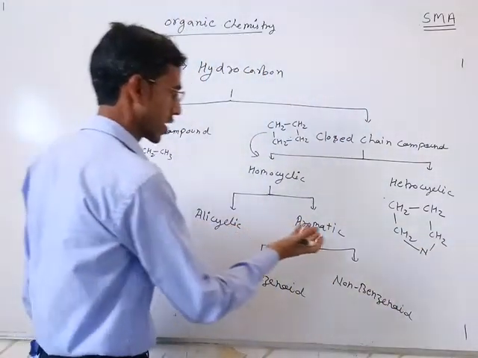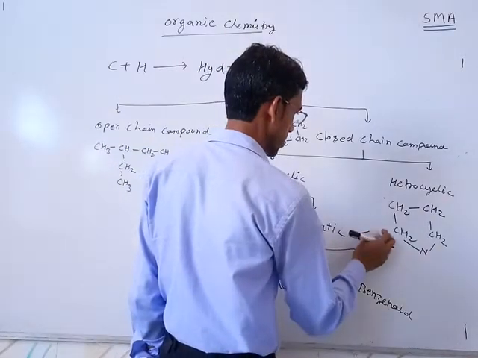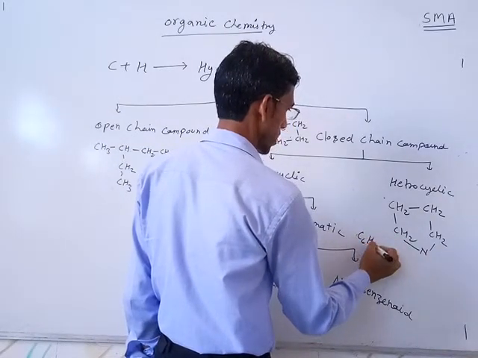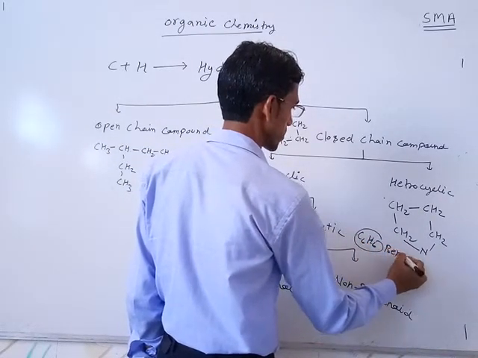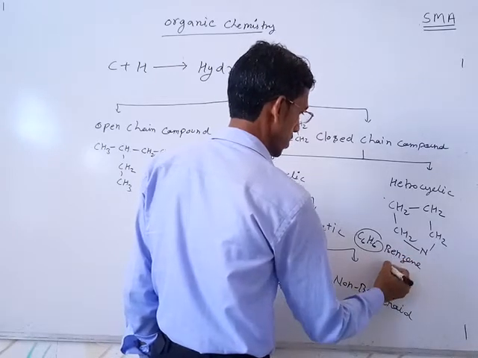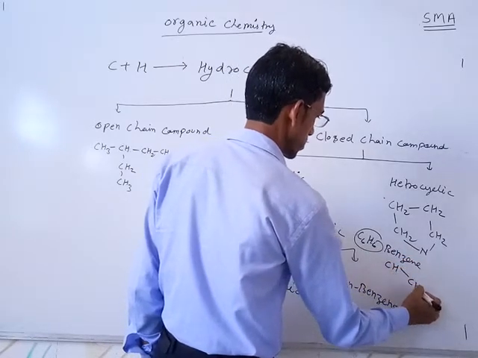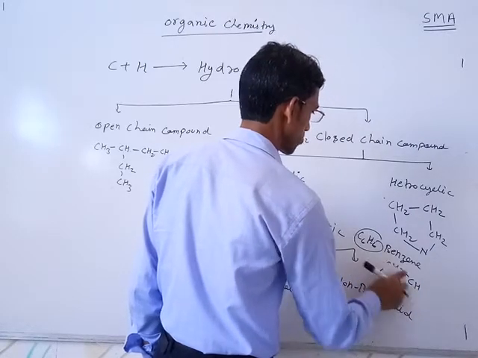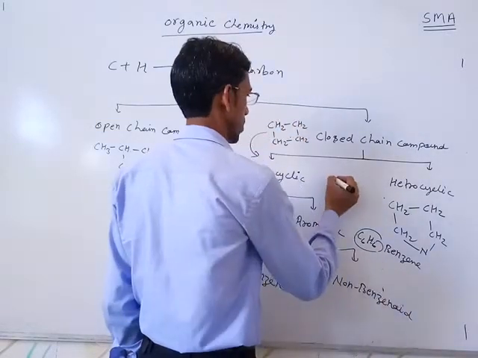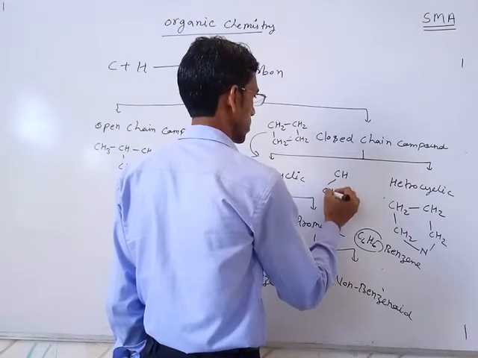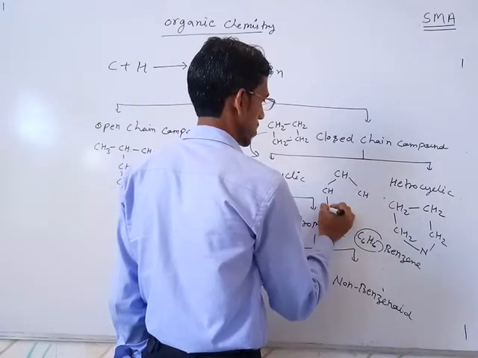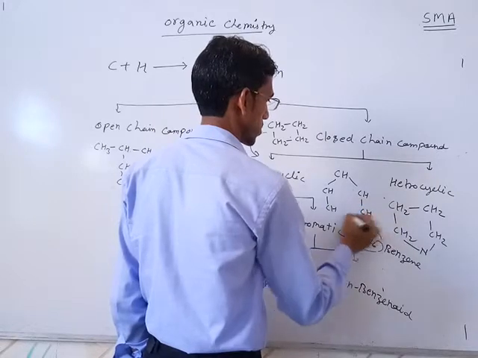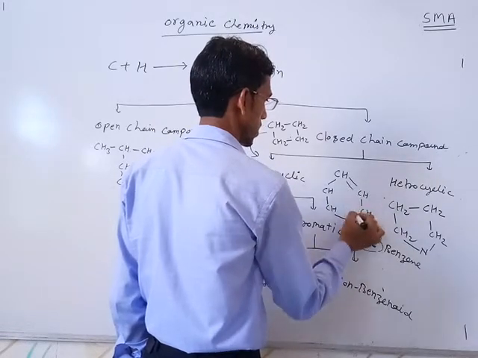Alicyclic, aromatic. Normally the benzene ring is represented as C6H6, benzene: CH, CH, CH, CH, CH, CH.